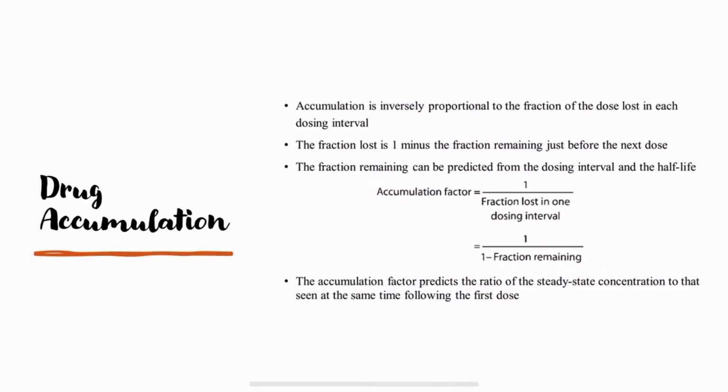So the accumulation factor equals 1 divided by the fraction lost in one dosing interval, which is 1 divided by 1 minus the fraction remaining. The accumulation factor predicts the ratio of the steady state concentration to that seen at the same time following the first dose.